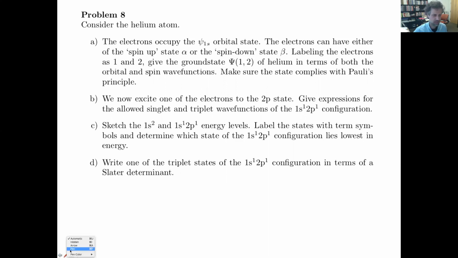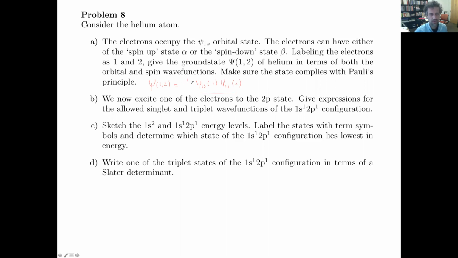So let's do that. The total wave function has 2 particles in it, electrons 1 and 2. And it has an orbital state, which is 1s. The first electron is in a 1s, the second electron is also in the 1s. That means I have a symmetric orbital state because these 2 are the same.